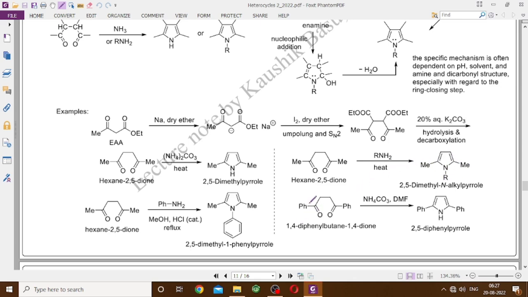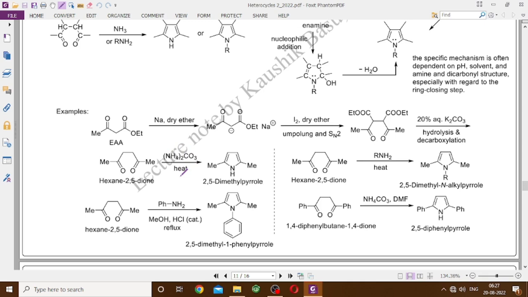Here we have a 1,4 dicarbonyl where two phenyl groups append the chain ends. This is 1,4 diphenyl butane 1,4 dione. Doing this reaction with ammonium carbonate in DMF medium closes down the ring so that we get 2,5 diphenyl pyrrole. So you can have acid catalyst present, or sometimes heating with ammonium carbonate only is sufficient.